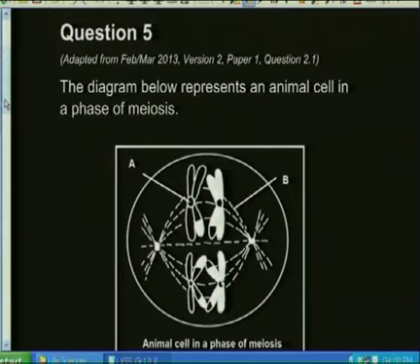Question 5, coming from this year's March paper, version 2. Remember, up to March of 2013, there were 2 versions of the paper written. The paper versions are different from each other in the content in paper 1 and paper 2. However, certain sections like DNA, RNA, protein synthesis, meiosis, etc., the content is the same.